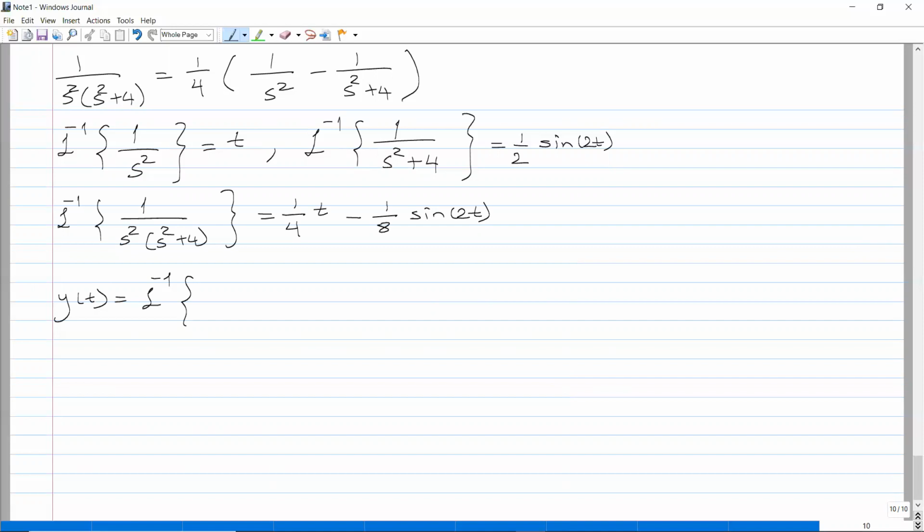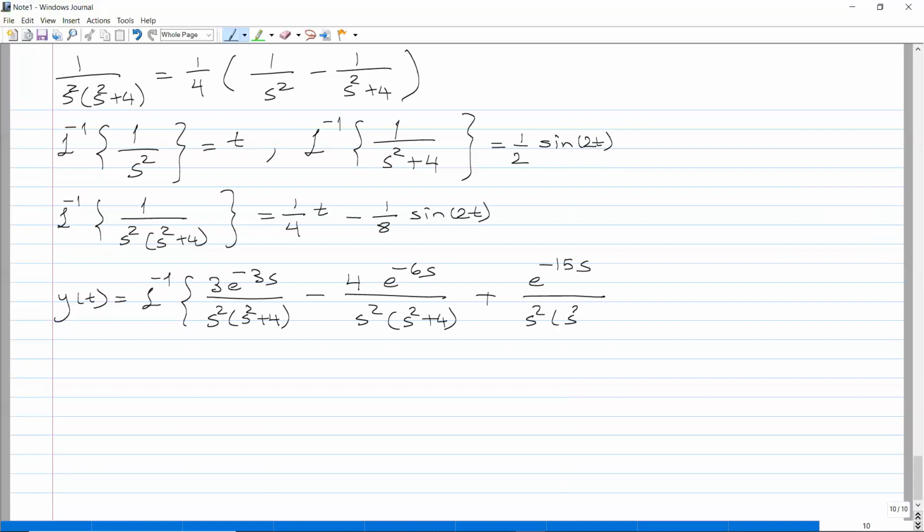Okay, the inverse Laplace of 3 e to the minus 3s over s squared times s squared plus 4, minus 4 e to the minus 6s over s squared times s squared plus 4, plus e to the minus 15s over s squared times s squared plus 4.